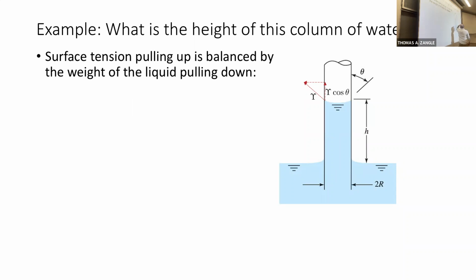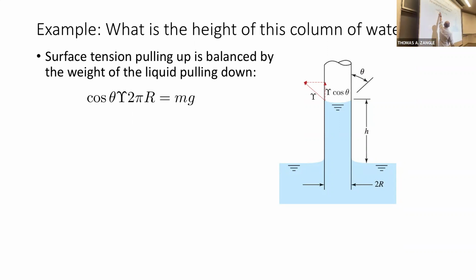We're doing a force balance in the vertical direction, so we want the component of this surface tension force that's pulling upwards, which is gamma times cosine theta. That's our force per length pulling up.